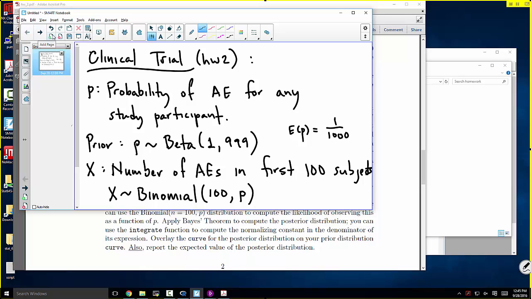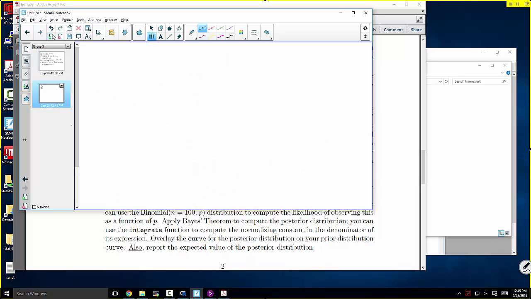Okay, so like we said in the homework, if we saw X equals 2, then the likelihood L of P when X is equal to 2 would be the binomial PMF evaluated at X equal 2. We've seen likelihoods defined as products of PMFs or PDFs.